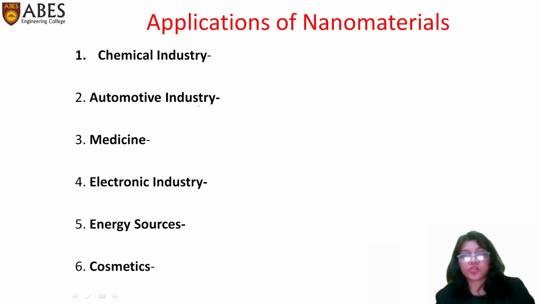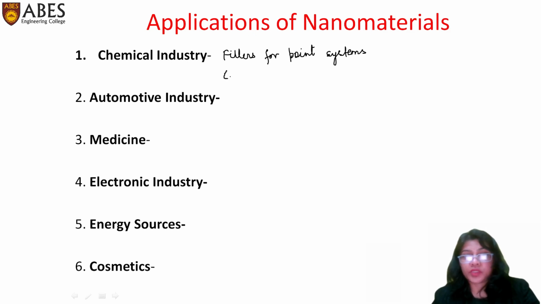The various applications of nanomaterials are in different industries. Like we have the application of nanomaterial in chemical industries in the form of fillers, for paint systems, for coatings. These are some of the examples for chemical industries application.